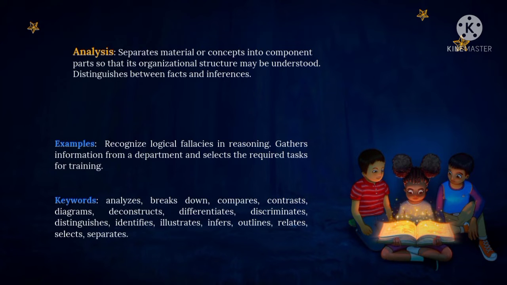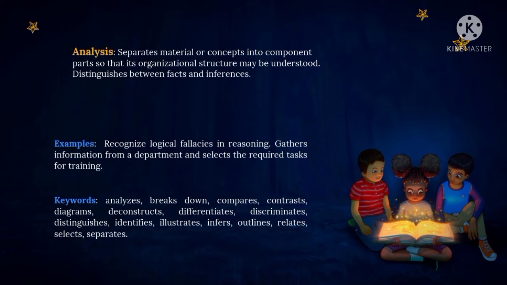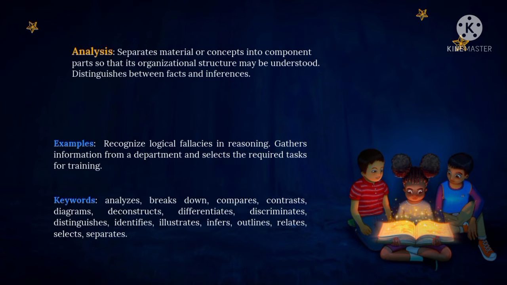For example, recognizing logical fallacies in reasoning, or gathering information from departments and selecting the required tasks for training. I would give the example of an organism. You should break the organism into small parts, like humans, and in humans you also find different characteristics, for example, it is mobile.